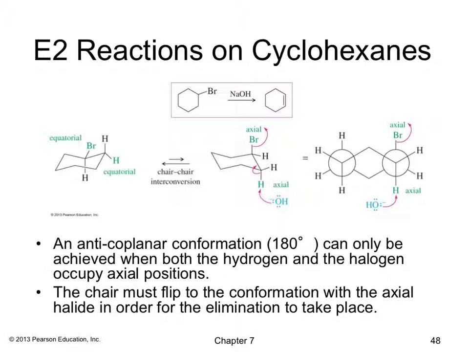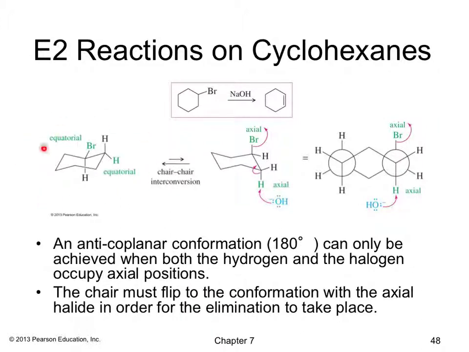E2 reactions on cyclohexanes. So here's an elimination happening with this bromocyclohexane to generate cyclohexene. Again, when you're doing E2 reactions, it has to be anticoplanar, 180 degrees. And so the only way this can happen is when you have the hydrogen and the halogen at the axial positions.